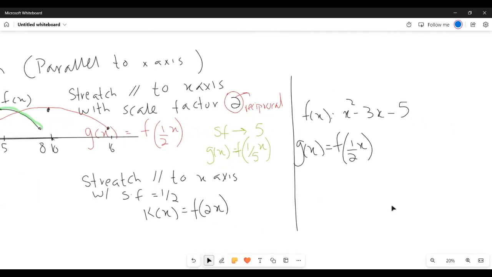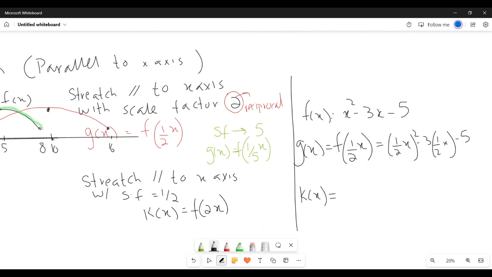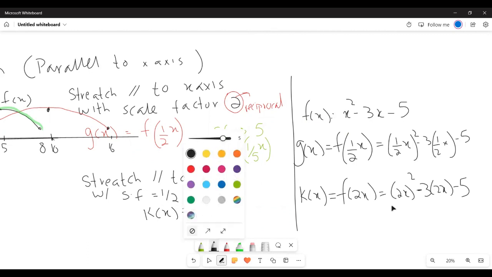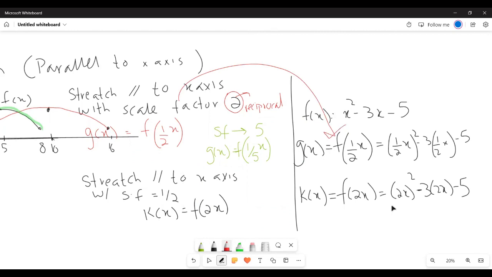So all values of x change into half x. And for k(x), k(x) was stretched parallel to the x-axis but with scale factor half. So that became f(2x). So that would be (2x) squared minus 3 times 2x minus 5.